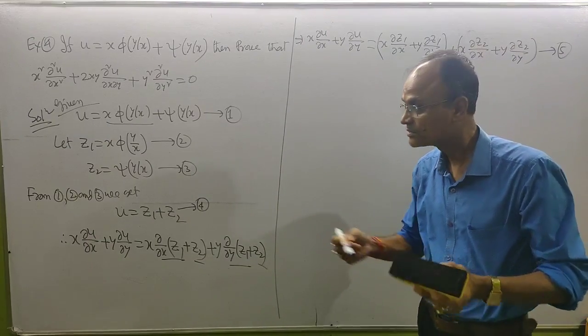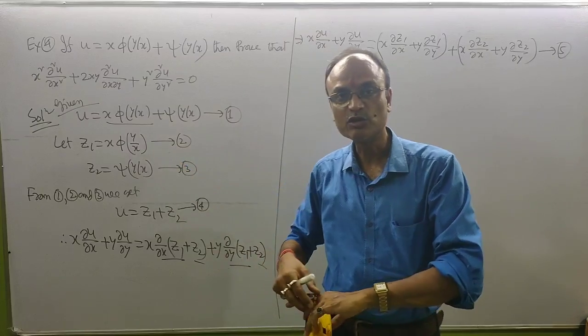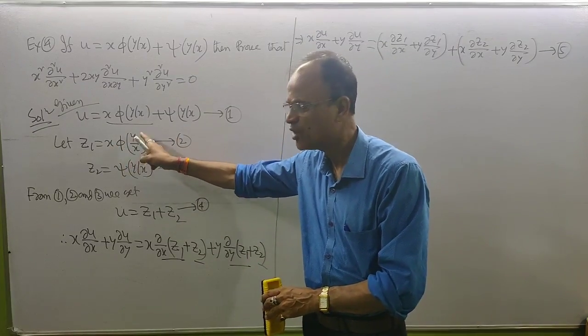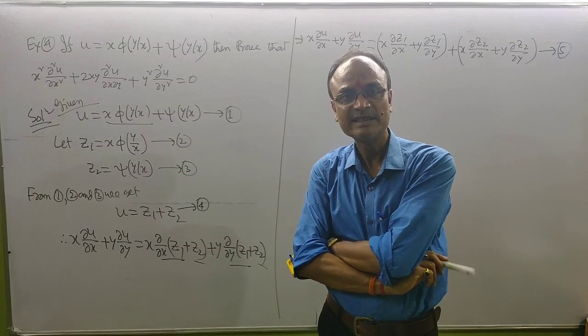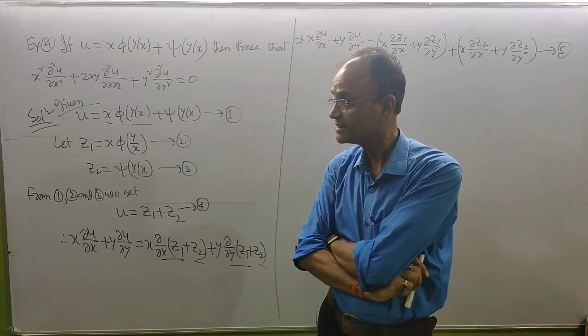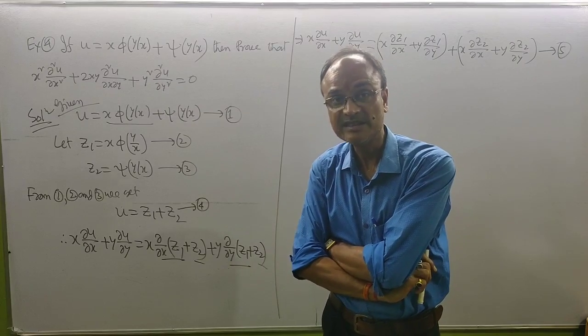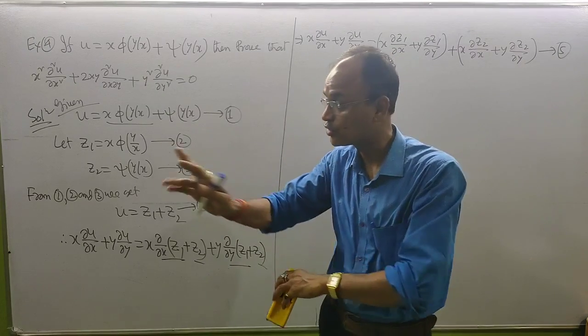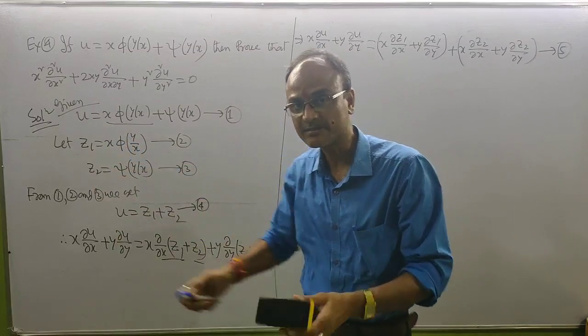Now observe equation number 2: z1 equals x phi of y by x. This means z1 is a homogeneous function of x and y of degree 1.